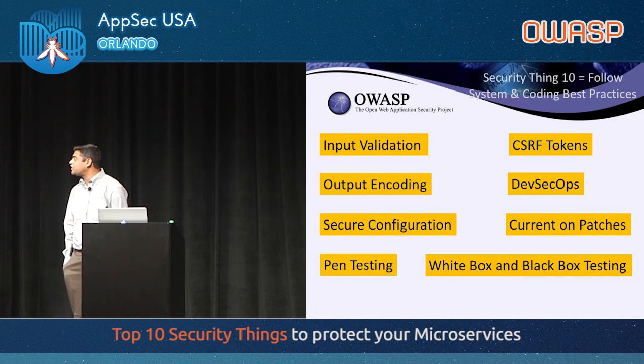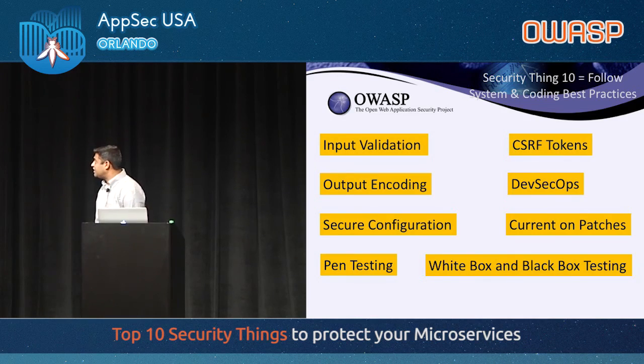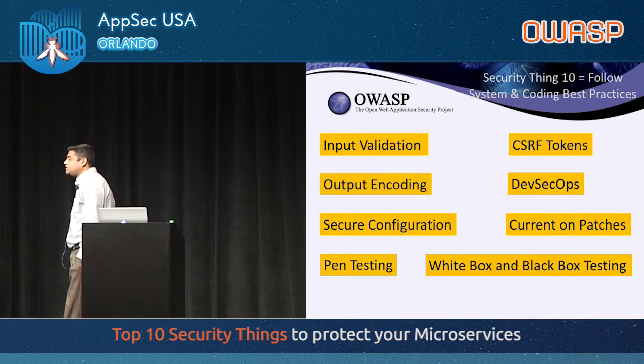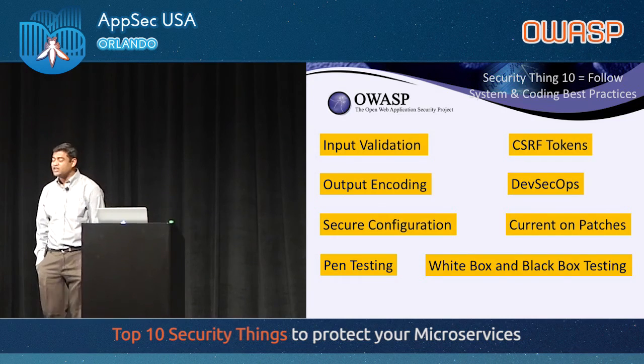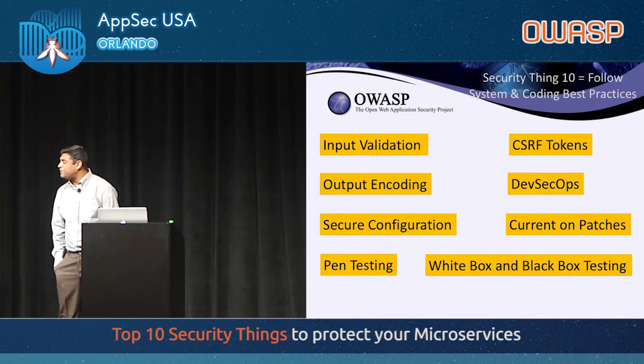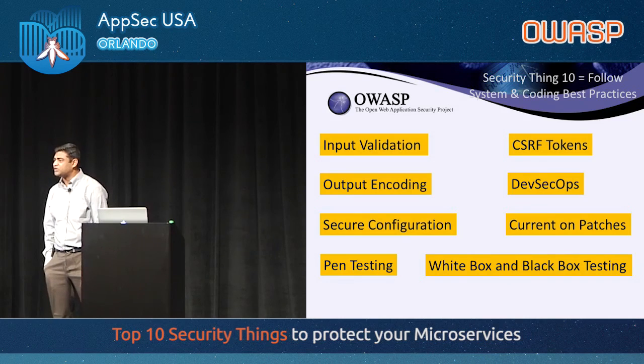You still have to do output encoding, so that if your microservice is giving the output to the web browser, then the web browser is not interpreting that as code, and it is interpreting it as data. So that output encoding helps in that regard. If you are doing DevOps, then you need to make sure that you are incorporating the best of security in all the DevOps processes.